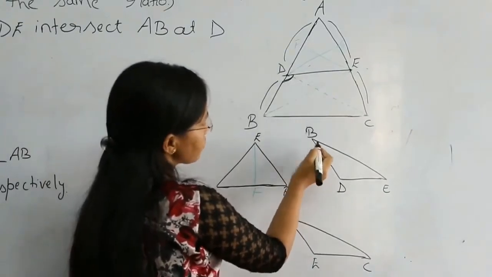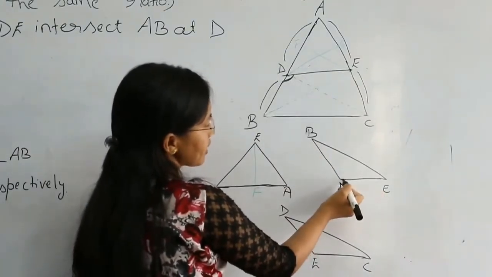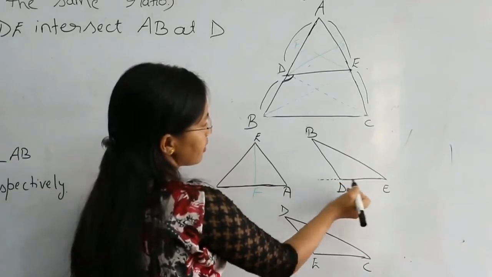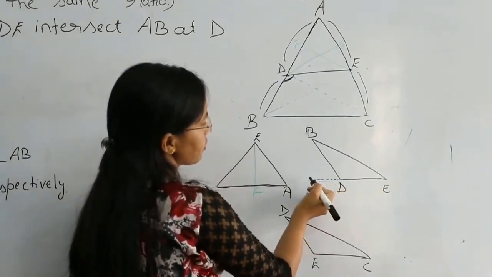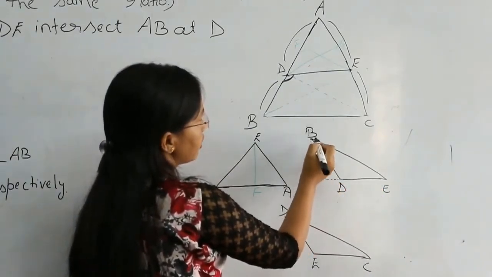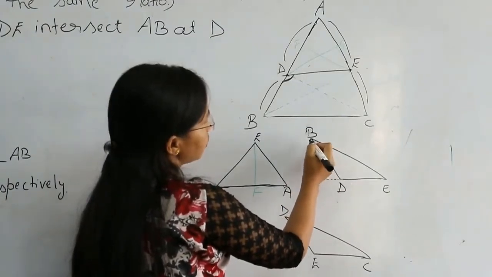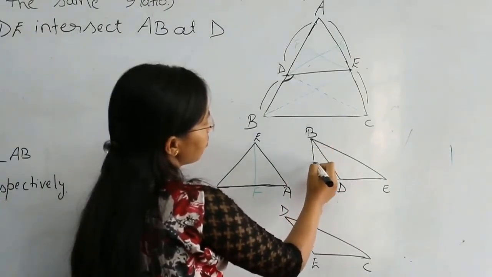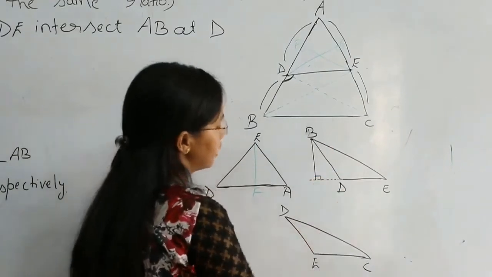Next, when you take this obtuse triangle BDE, how do we get the height of this triangle? What you will do is extend the side DE this way. Then from B you draw a perpendicular.